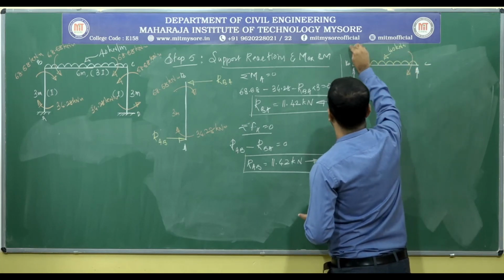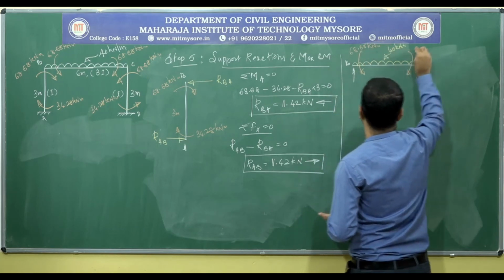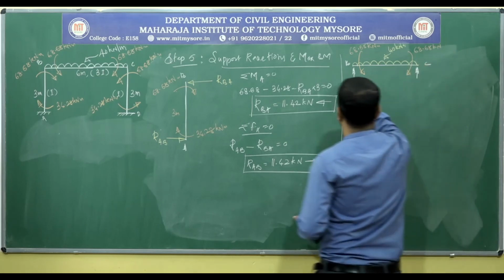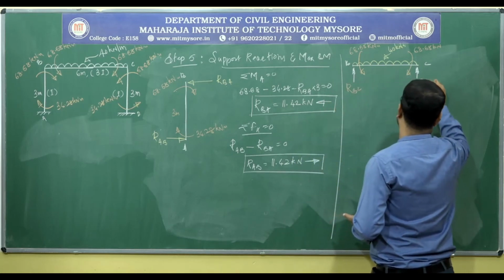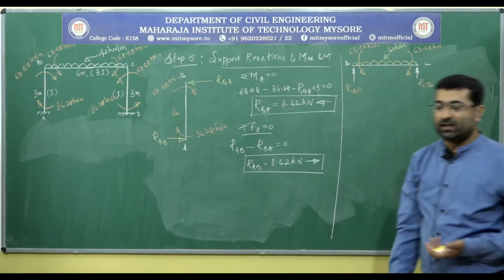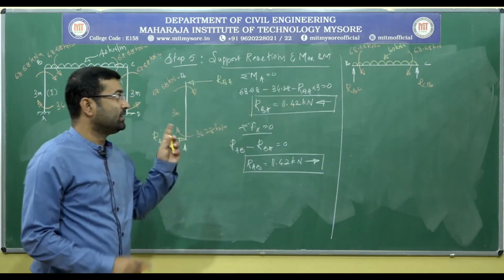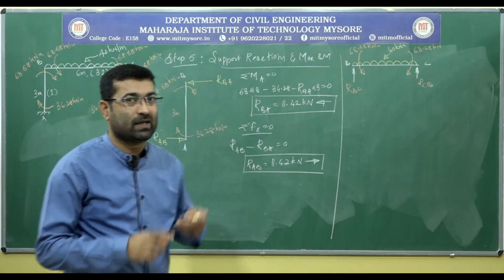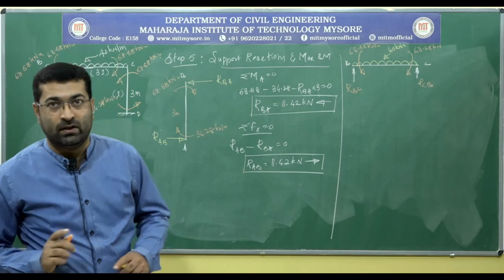Both are the same, that is 68.68 kilonewton meters. Let us say the reactions are RBC and RCB. Here the advantage is, at both ends, at end B and end C, we have the moments, but they are equal in magnitude and opposite in direction. So their effect will be automatically neutralized.